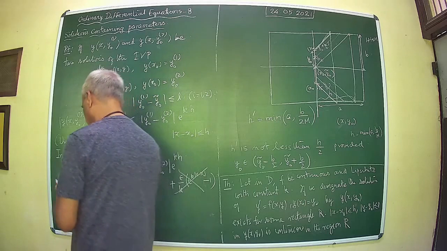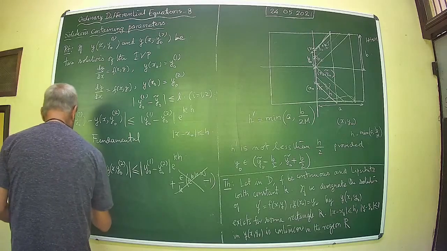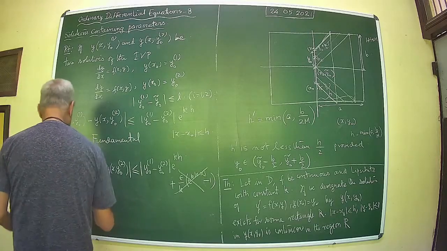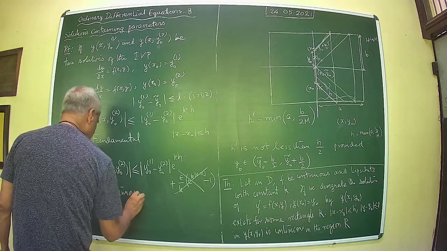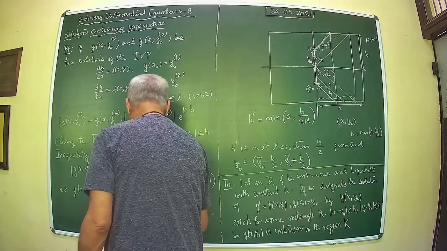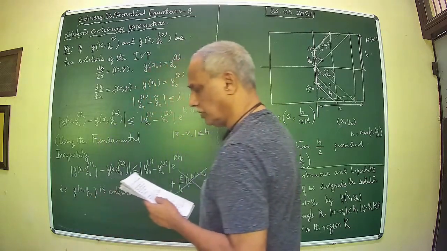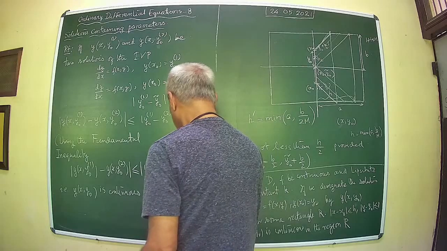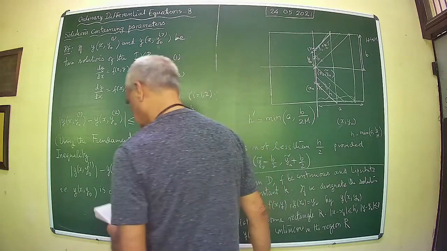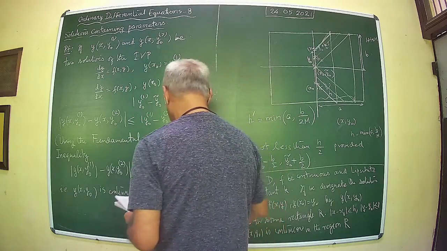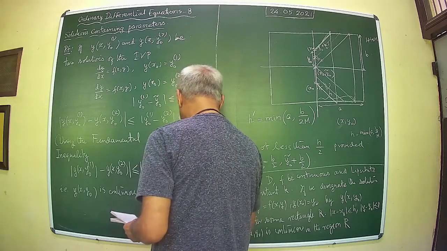That is, y is continuous, uniformly continuous in y naught for |x - x0| ≤ h.